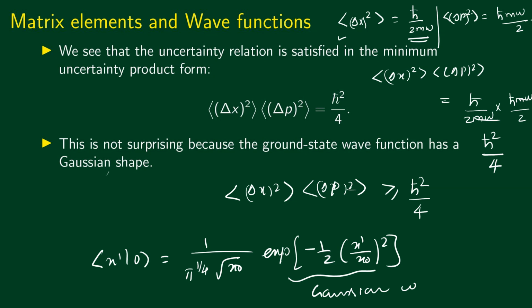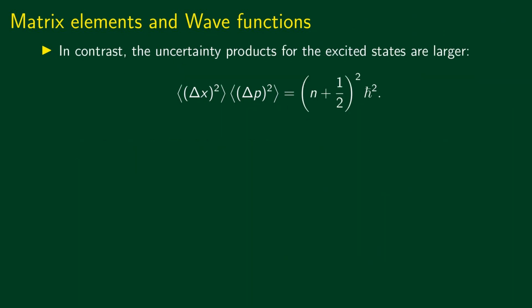But if you calculate the uncertainty products for the excited states, you will find that these are going to be larger. It can be shown that the expectation value of delta x square multiplied by the expectation value of delta p square is equal to n plus half whole squared multiplying h bar squared. This is for a general state ket n.